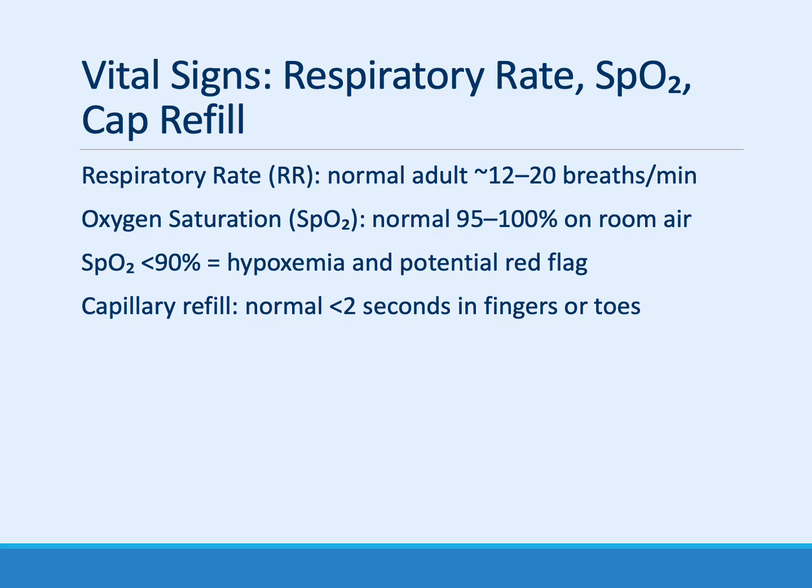Values below 90%, especially with symptoms like dyspnea, shortness of breath, dizziness, confusion, those are going to be our red flags to say, we need to do something to make sure that the patient can take some deep breaths. So we'll pause treatment, encourage pursed lip breathing, anything to help bring that O2 back up.